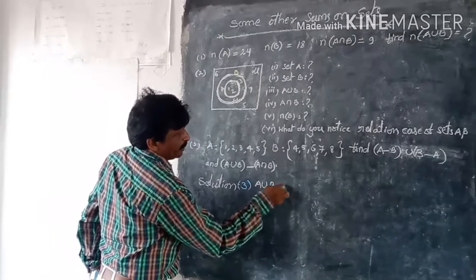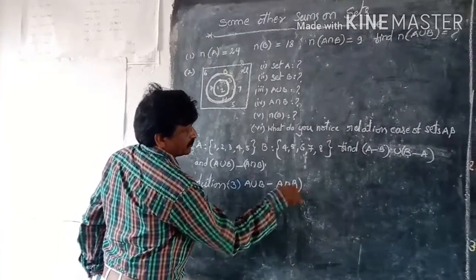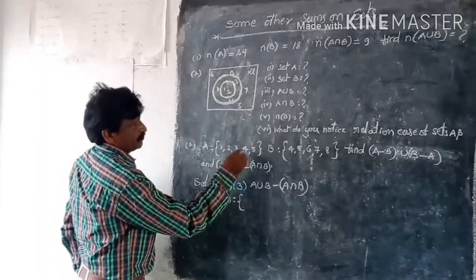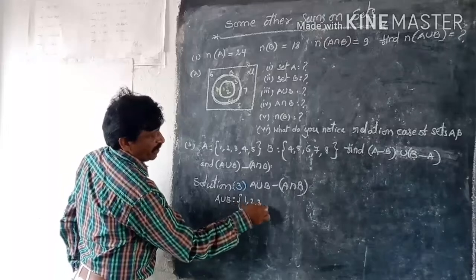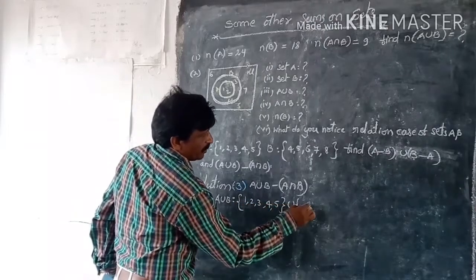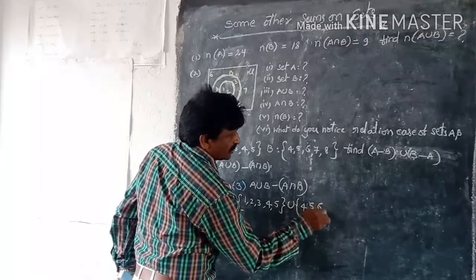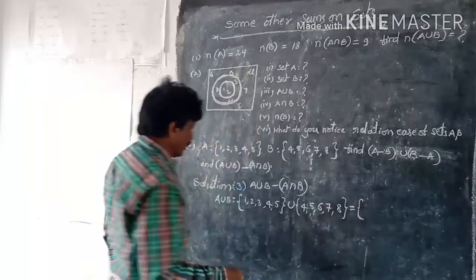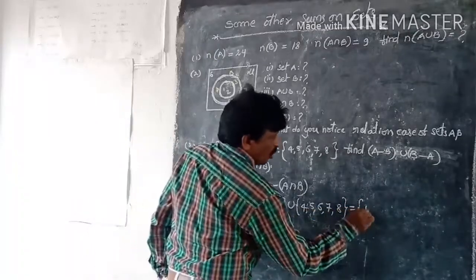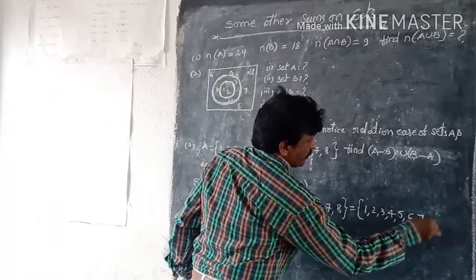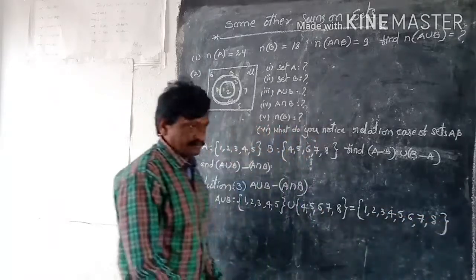First, A union B. A is 1, 2, 3, 4, 5, union B, 4, 5, 6, 7, 8, is equal to A union B: total 1, 2, 3, 4, 5, 6, 7, 8.